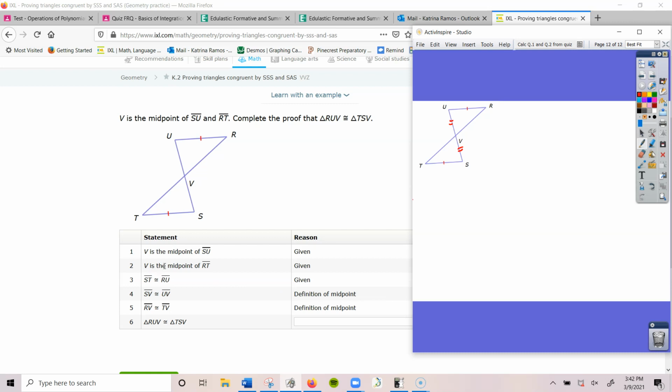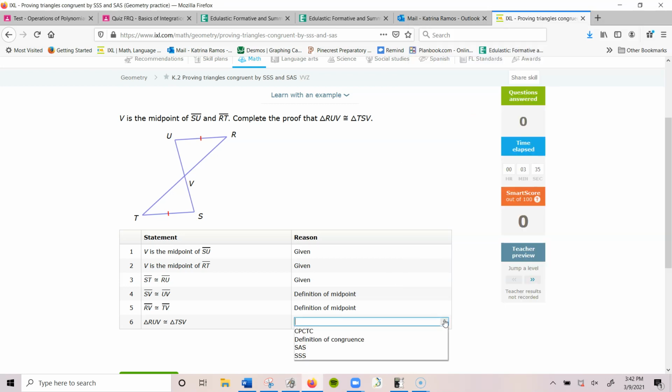Then we are told that V is the midpoint of RT, and this means that RV is congruent to TV. So this is congruent to this. Now what we have here is 3 sides for each of these triangles that are congruent to each other. So when you have 3 sides, that's SSS, side, side, side.